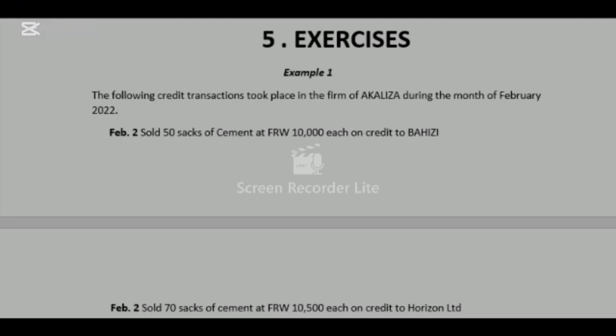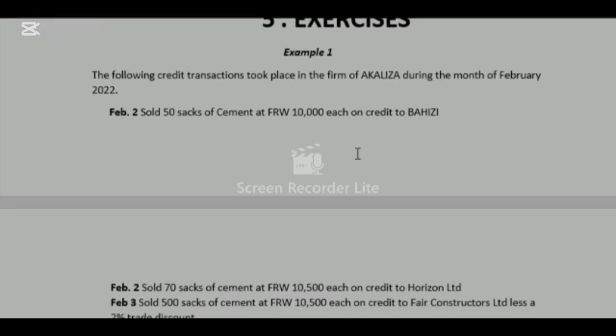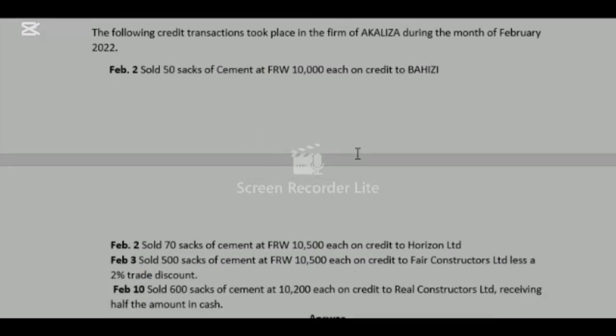The following credit transactions took place in the firm of Akariza during the month of February 2022. On February 2, sold 50 sacks of cement at 10,000 Rwandan francs each on credit to Bahizi.